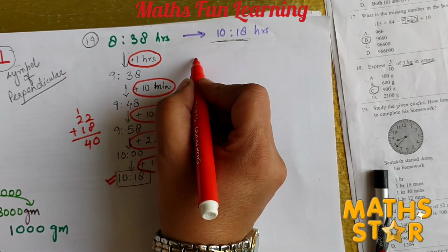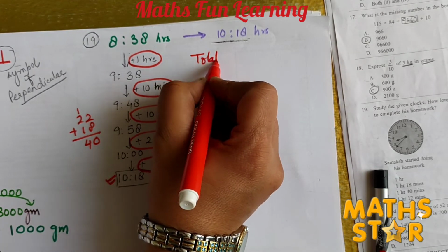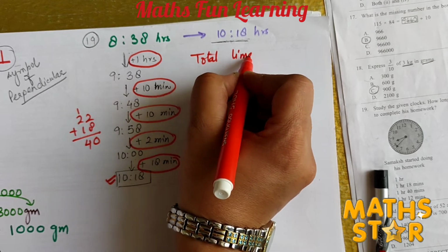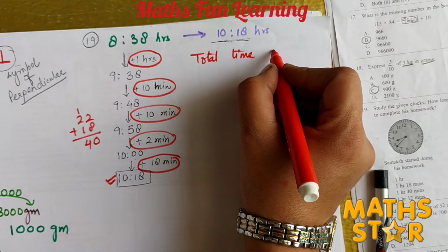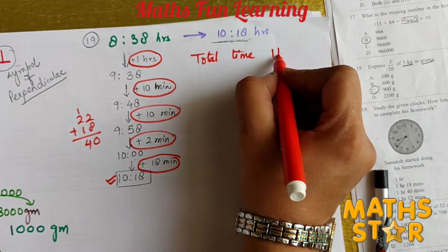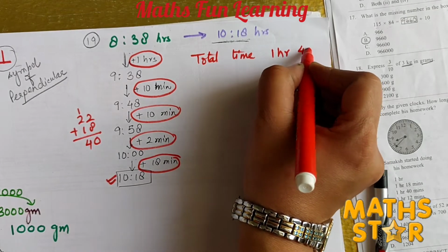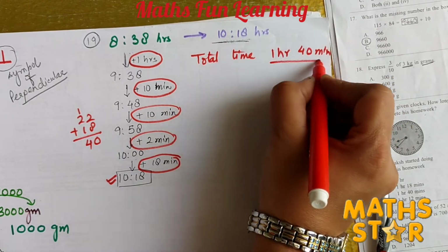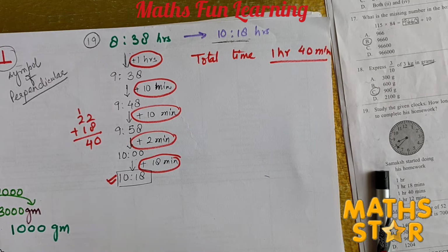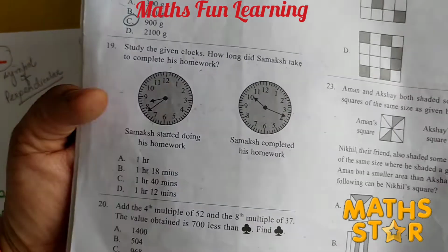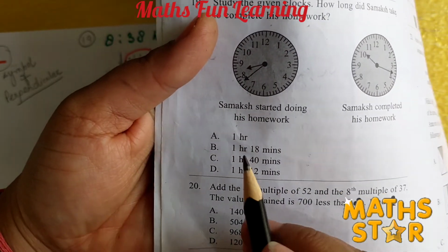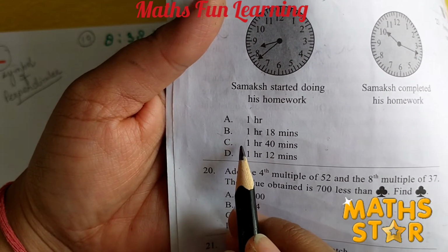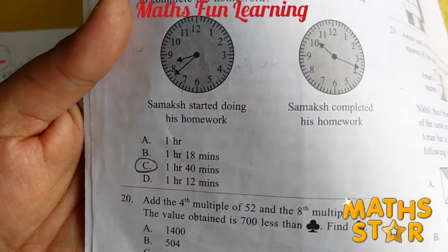So the total time he studied is 1 hour 40 minutes. I hope this is an easy way to solve this type of question. Let's see which option is correct. Yes, option C is the correct answer.